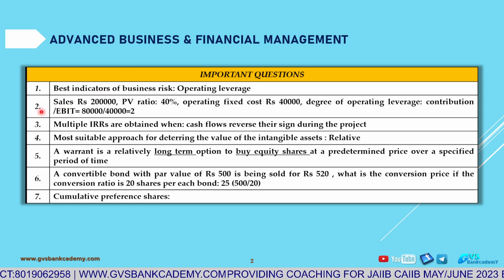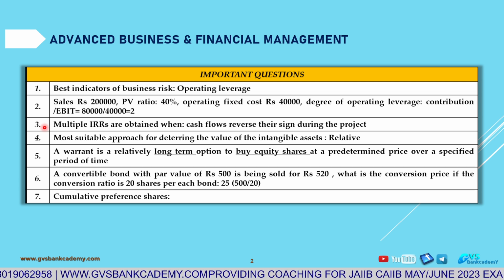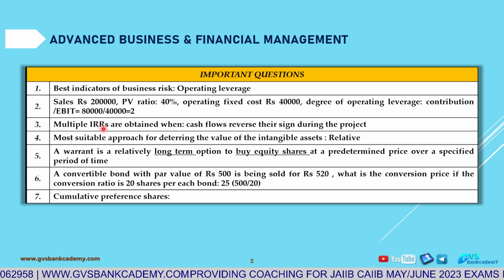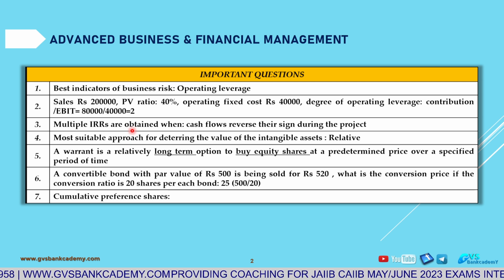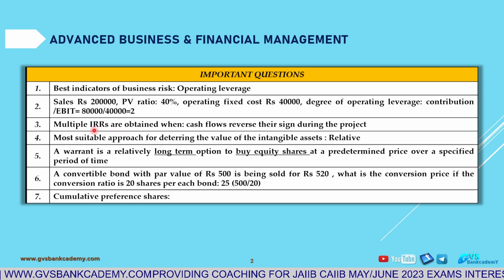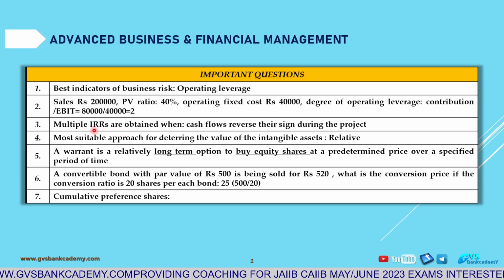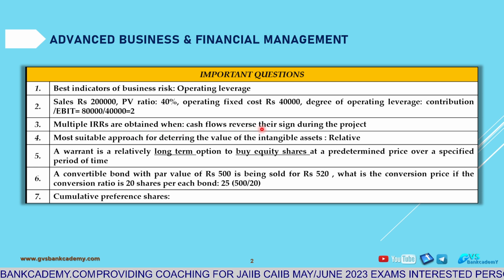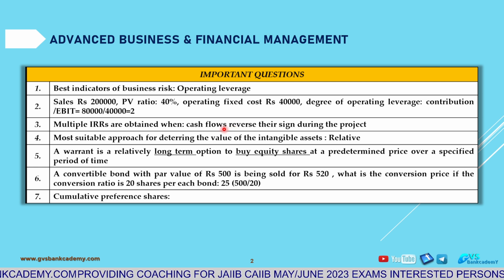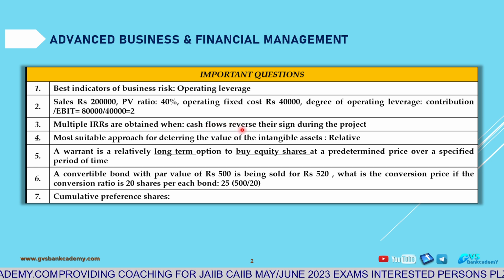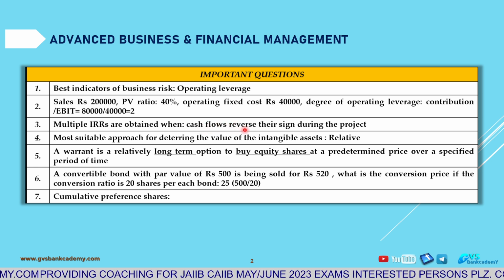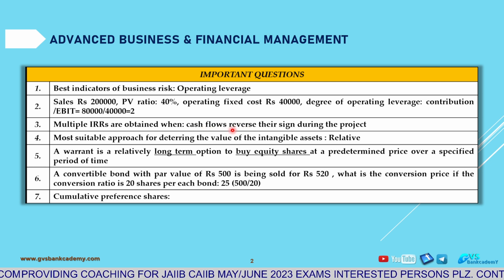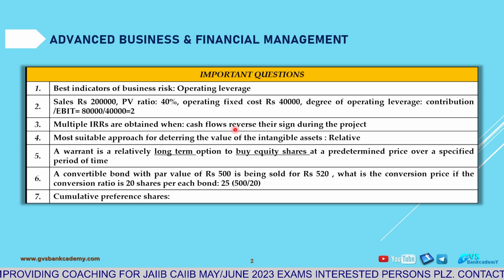Question number 3, multiple IRR. At the time of capital investment, you have to calculate multiple IRR when cash flows from the project are in reverse direction, meaning some years it is getting profit, some years it is getting negative, that is losses.